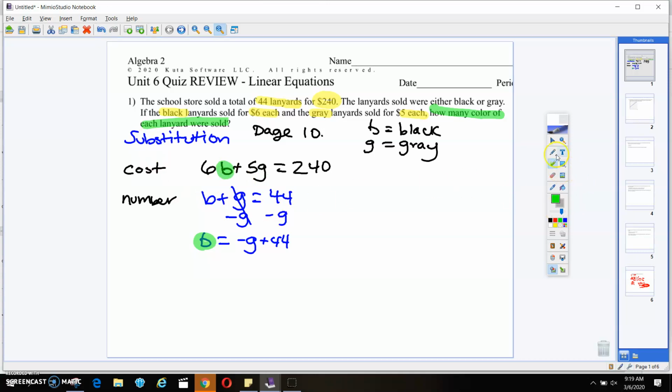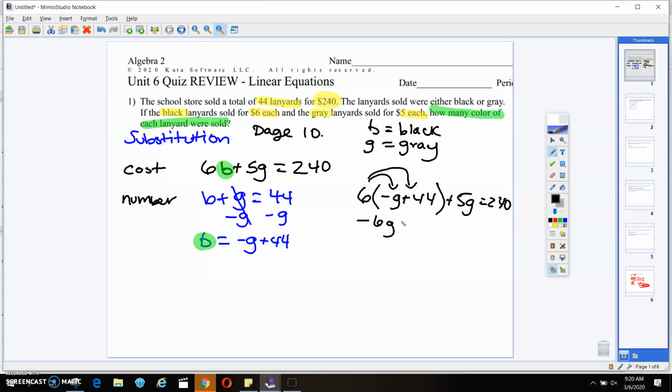Okay. So, when we plug that into this equation, we're going to get 6 times negative G plus 44 plus 5G equals 240. We're going to distribute, and we're going to get negative 6G. And then 6 times 44 is going to give me what?